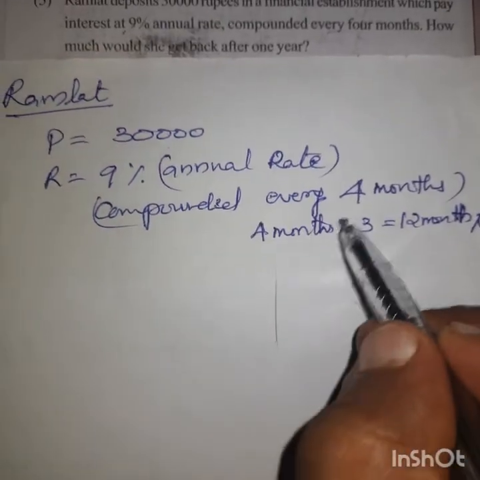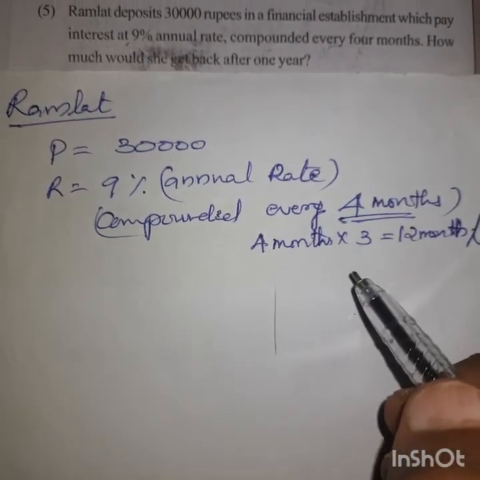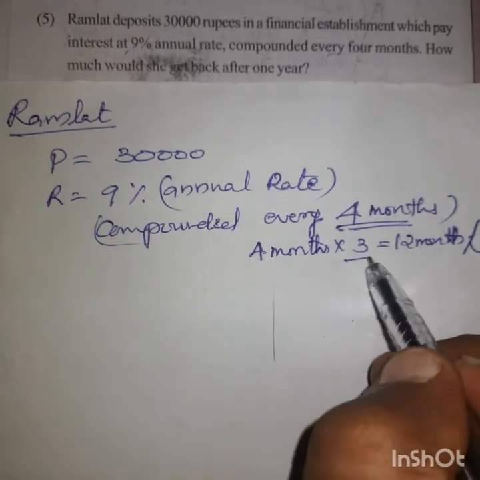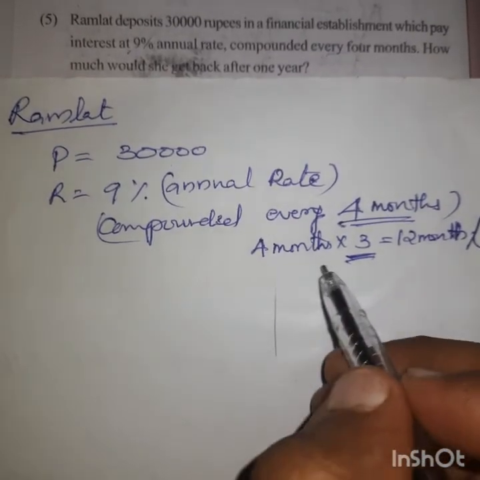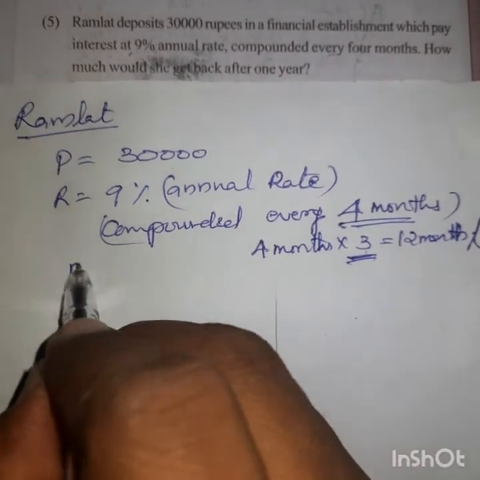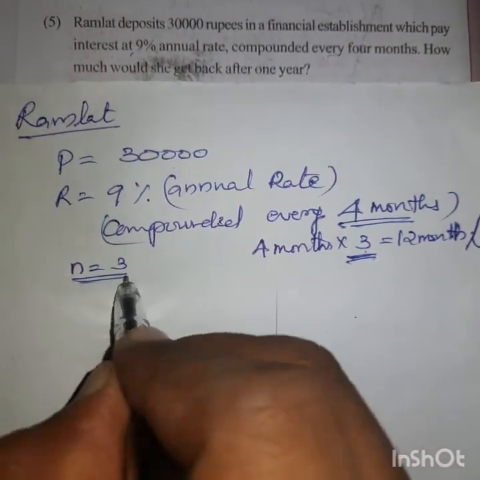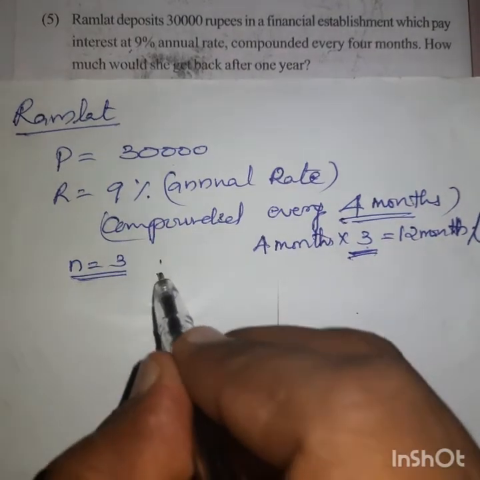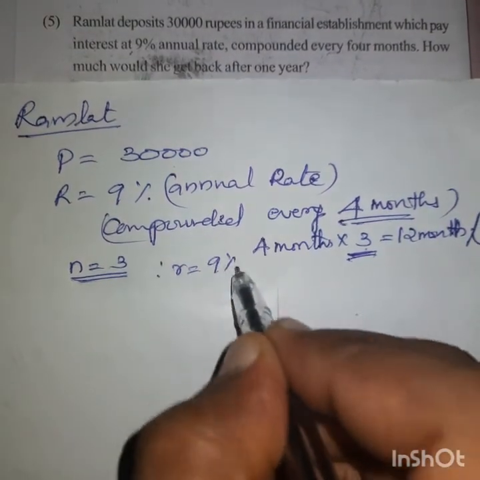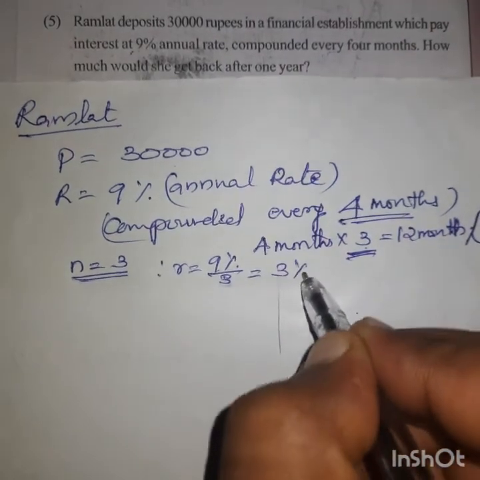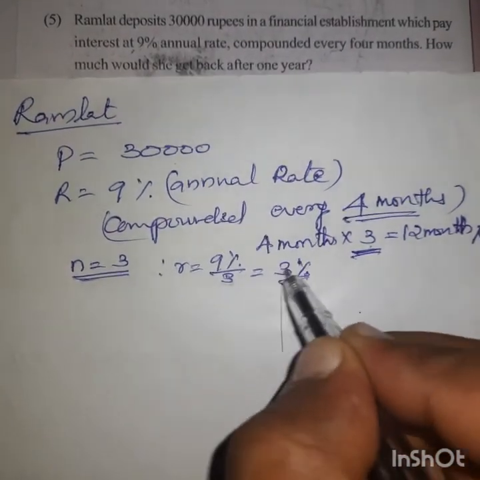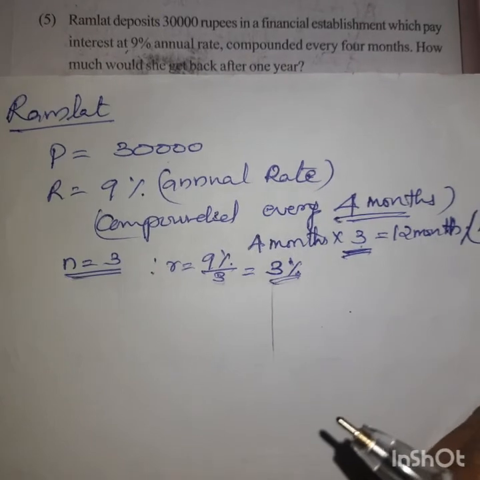So every 4 months the interest is calculated, that means 3 times a year. Okay, remember that one. So n is equal to 3. And the rate of interest is 9% by 3, so it is 3% every 4 months.